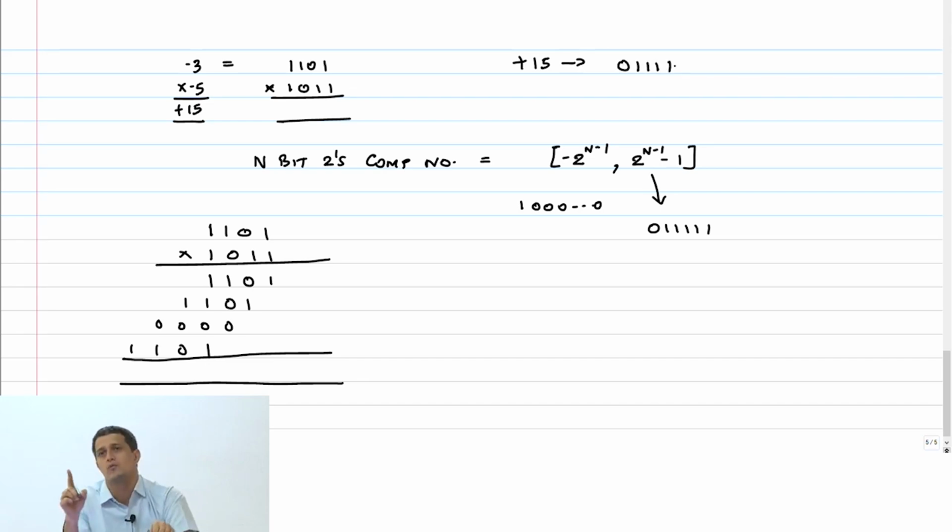Don't say 1, 1, 1, 1. 4 ones is equal to minus 1 in 2's complement representation. So you cannot leave the preceding 0 out when you're dealing with 2's complement numbers. So you have to get 0, 1, 1, 1, 1 as your answer. Do it and tell me if you are able to get it or not.